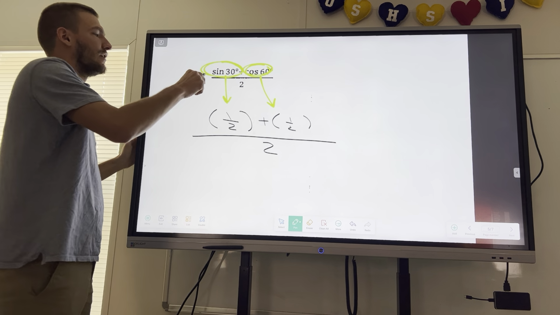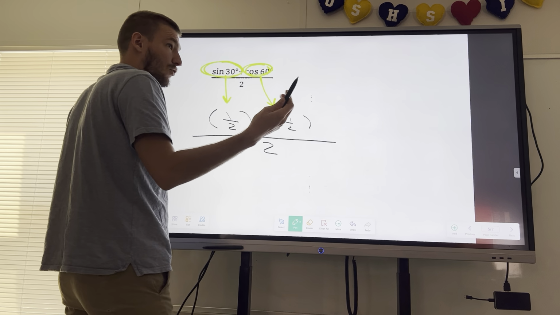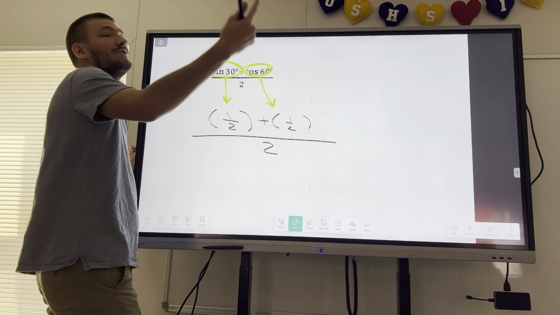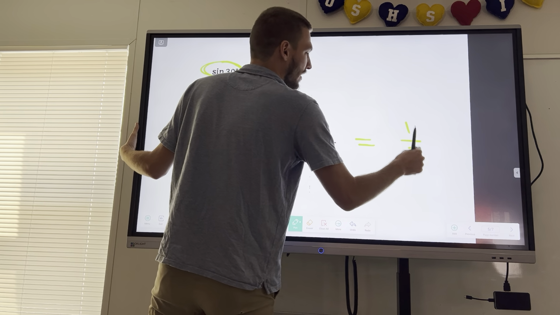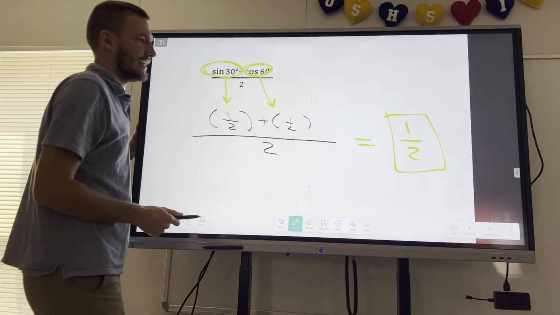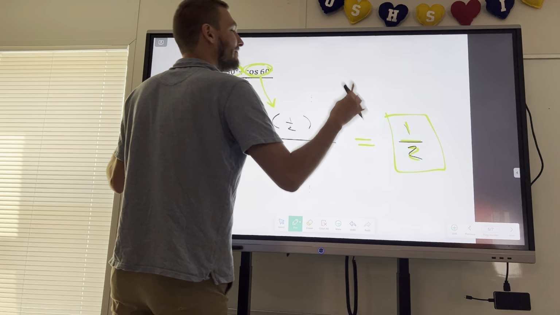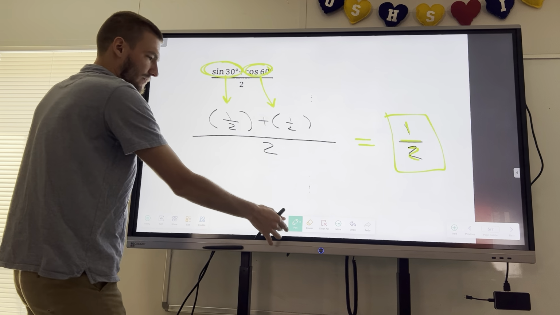For this question, what is a 1/2 plus a 1/2? 1, or 2 halves, which is equal to 1. And when you take 1 and cut it in half, the answer here would be 1/2. Where did that come from? 1/2 plus 1/2 is 1, and then you just have 1 divided by 2.